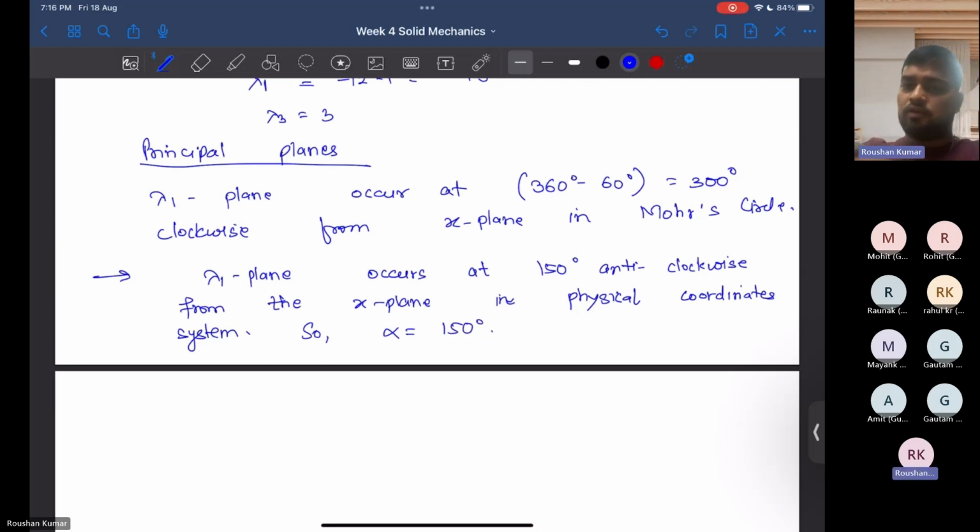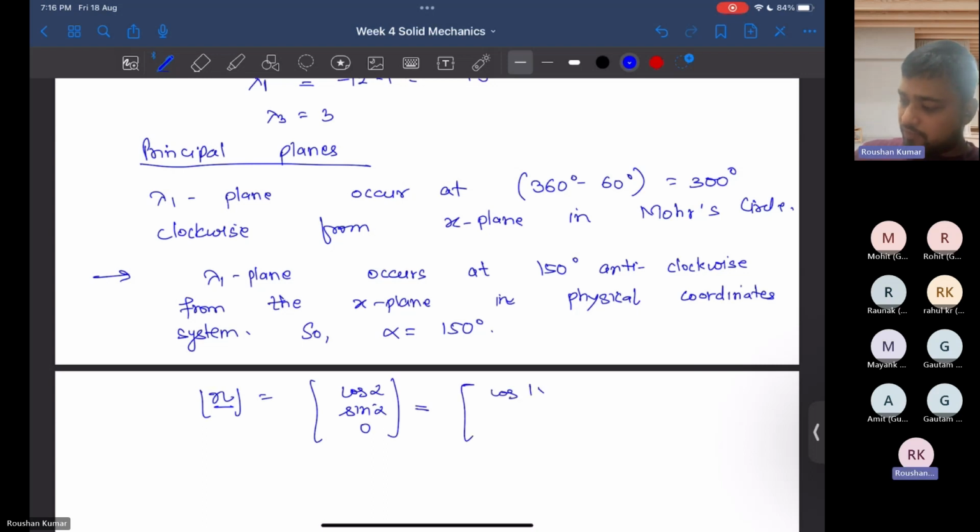So here alpha becomes 150 degree, and the plane normal acting on any plane at an angle alpha is given by cos alpha, sin alpha, 0, which is cos of 150 degree, sin of 150 degree, 0.